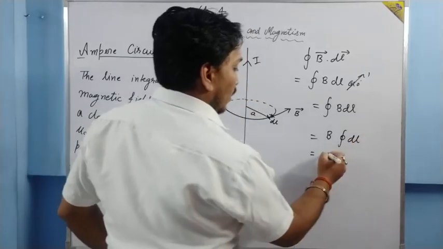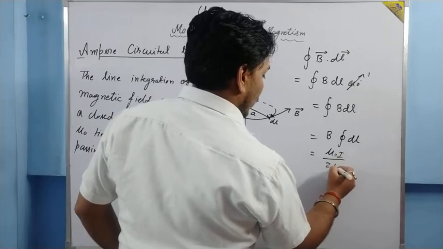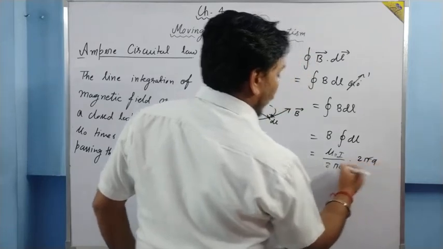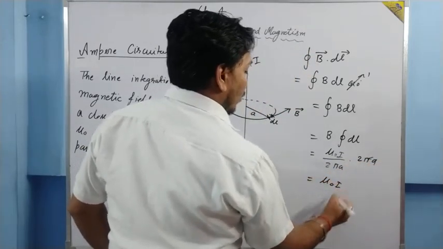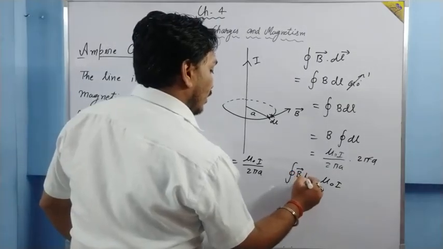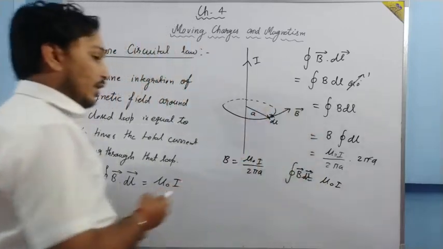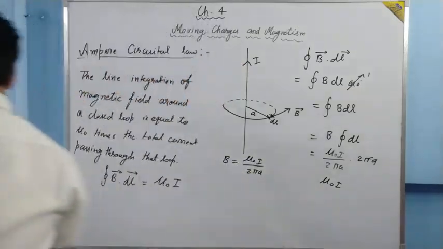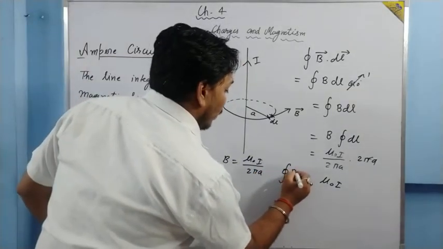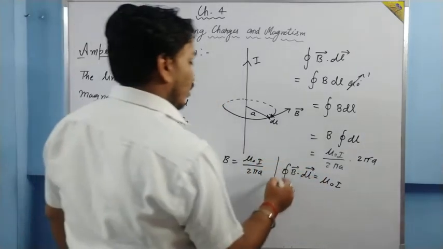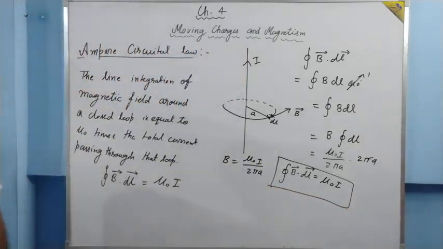The value of B is mu naught I upon 2 pi a, and dl is the circumference, which is 2 pi a. 2 pi a and 2 pi a cancel out, and we are going to have mu naught I. That mu naught I is what we have written in the first line as the line integration of B vector dot dl vector. In this way Ampere circuital law can be proved also.